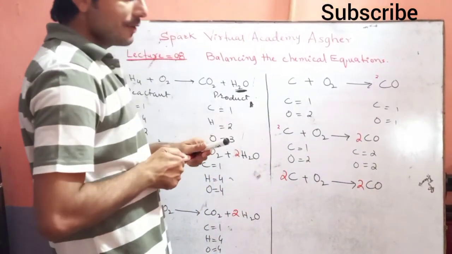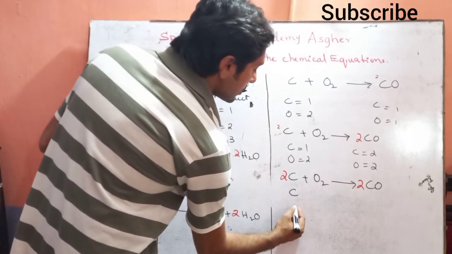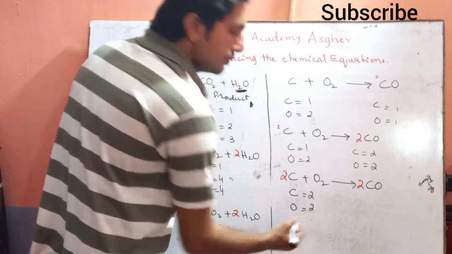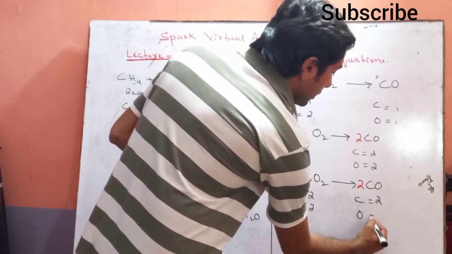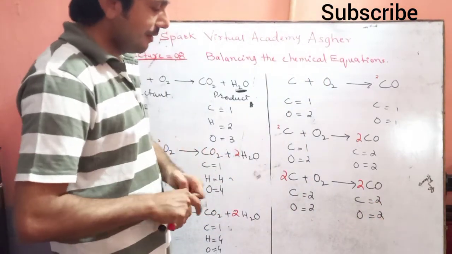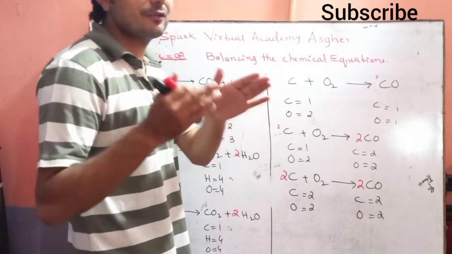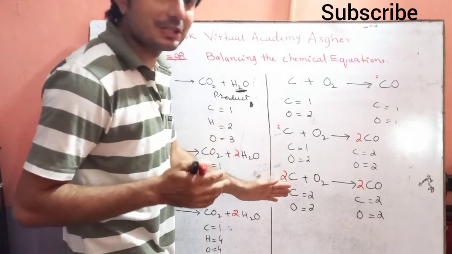Okay, now at last we have to count the number of atoms again on both sides. So it's carbon and oxygen. Carbon is 2, oxygen is 2, and at the reactant side they are again 2 and 2. So as you can see there, at the reactant side and at the product side, the number of atoms are equal to each other. So that is chemically the balanced equation.